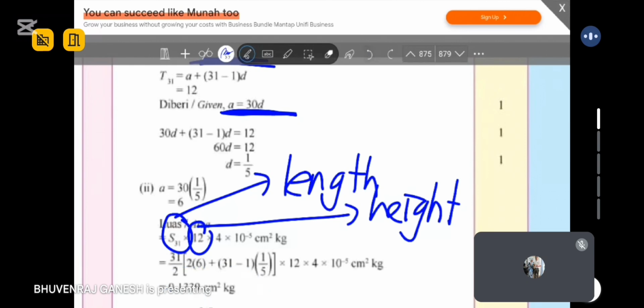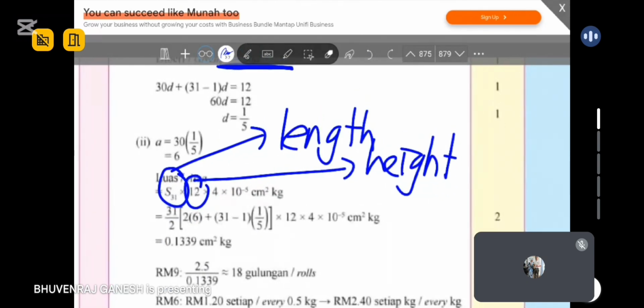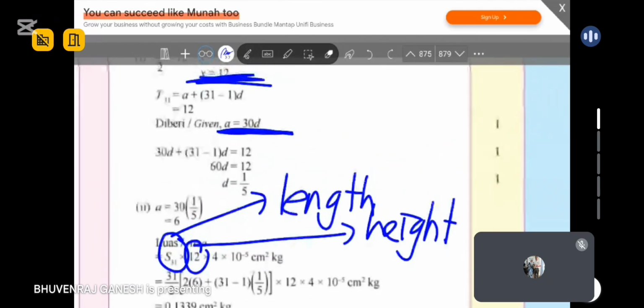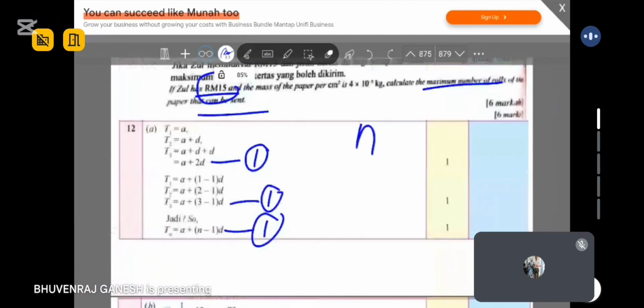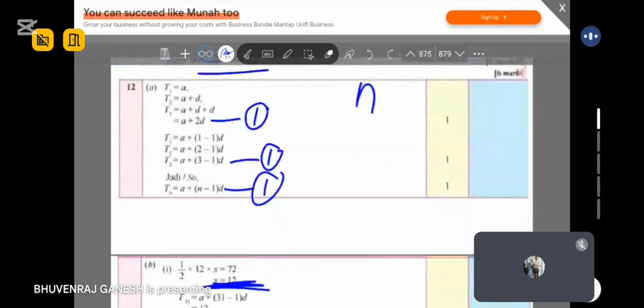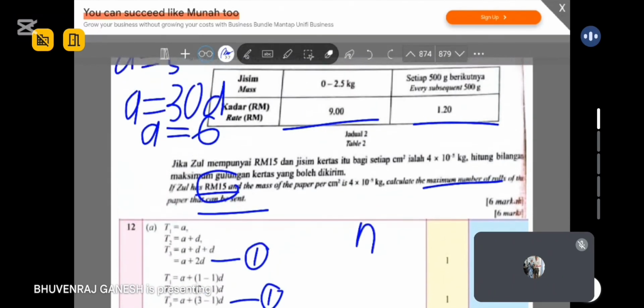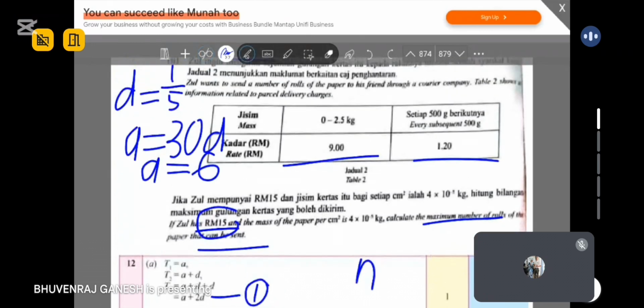Dapat yang ni. Now, do you want to find the number of rolls, guys? Jumlah gulungan. You can use this information. Wait, guys. Let me see. You have to do the ratio here. You see that 9 ringgit is for 0 to 2.5 kg, correct?